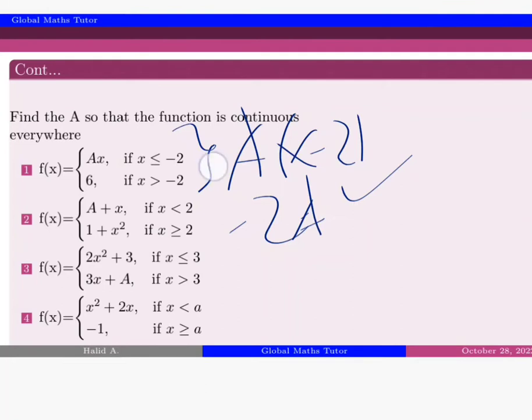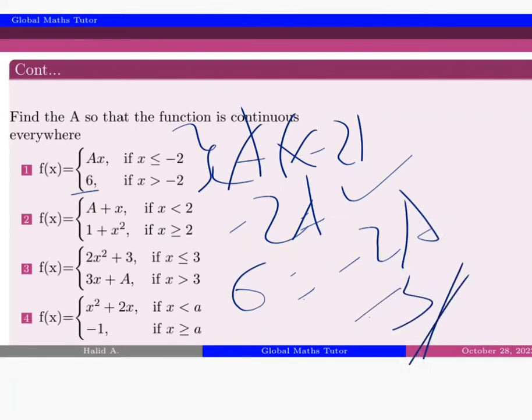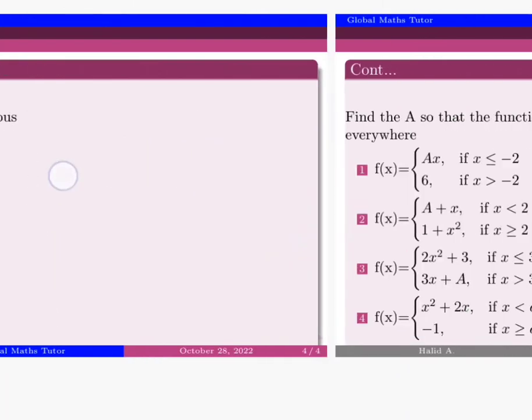For example, the left hand side limit of the function is 6. So the limit of these functions, this 6, must be equal to minus 2a. Therefore, a must be minus 3 to satisfy the third condition of continuity of a function.